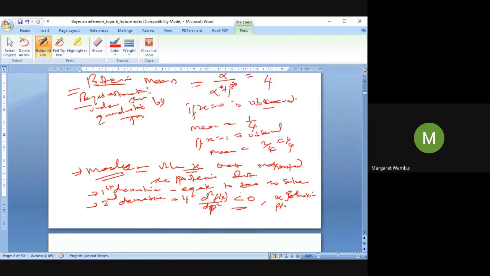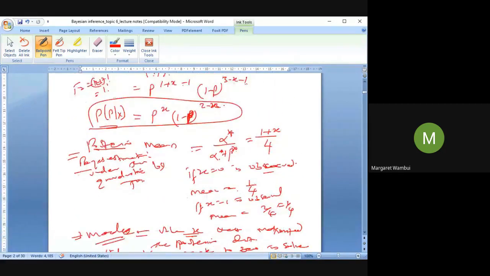So what do we do in this case? All you will need to do is take your distribution here, get the first derivative, equate it to 0, and solve for x.